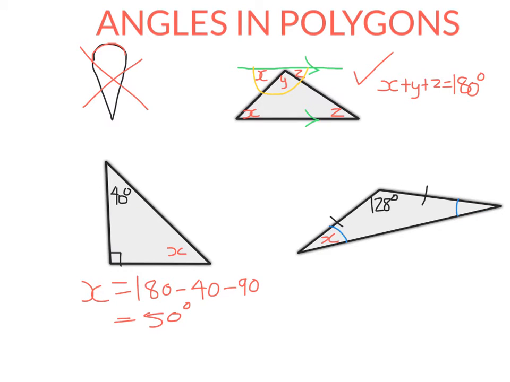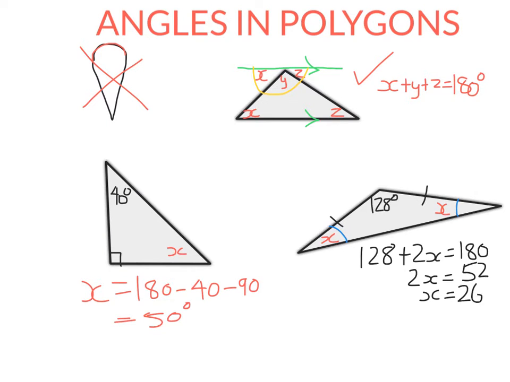So I know these two angles will be the same, so I can call this angle here X. These three angles must add to 180, so 128 plus 2 lots of X gives 180, and I can just solve that equation. Subtract 128 from both sides, divide each side by 2. So X is 26. 26 plus 26 plus 128 equals 180.